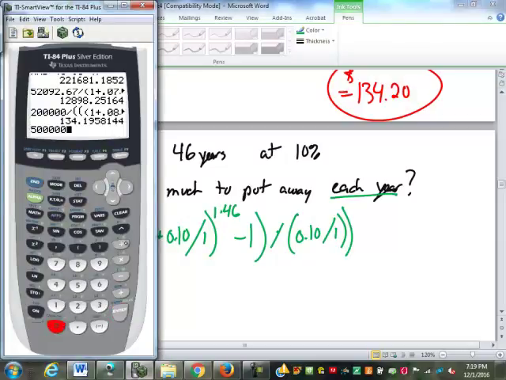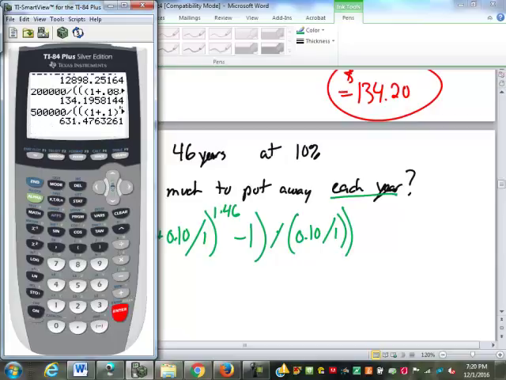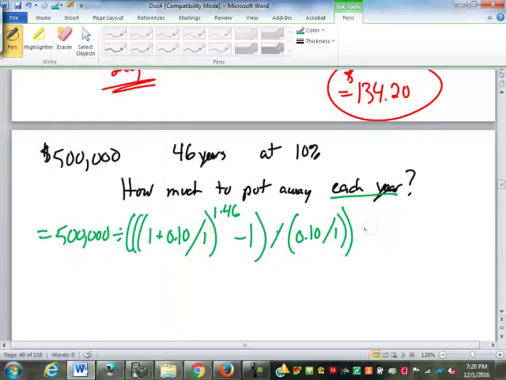So 500,000 divided by 1, 2, 3. 1 plus 0.1 divided by 1. I'm not going to put in the divided by 1. To the power of 46. Minus 1. Close, divided by, open, 0.1 divided by 1. I guess I didn't need divided by 1 again, but I did it anyway. Gives us $631.48.